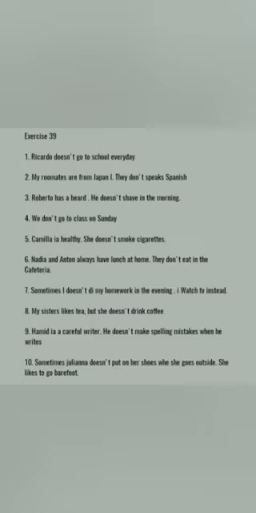She does not smoke cigarettes. And now is the sixth question. Nadia and Anton always have lunch at home. They don't eat in the cafeteria.